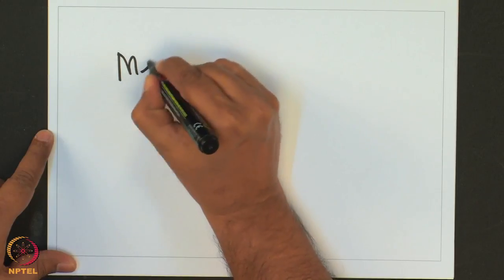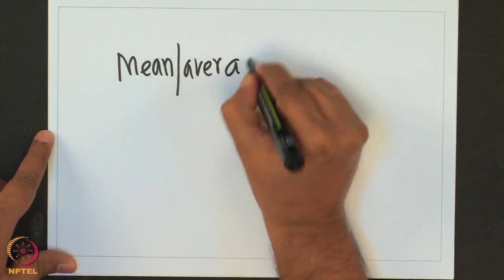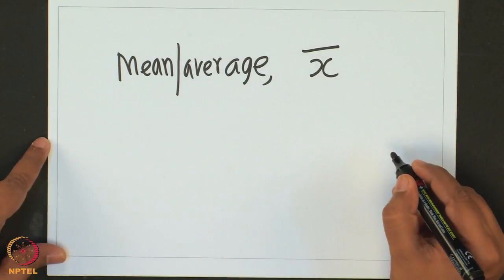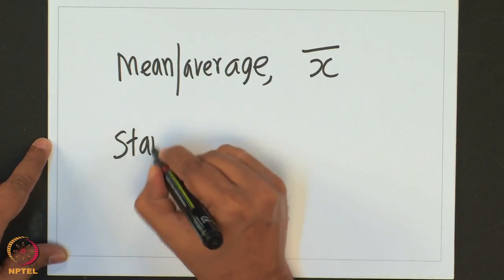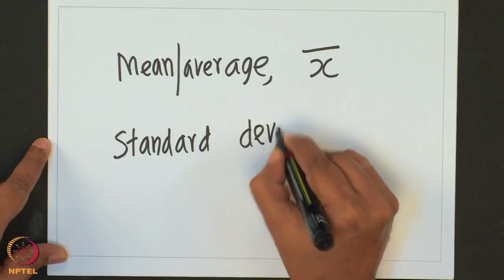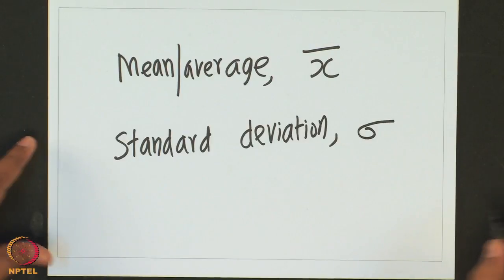So, let us think of two quantities. The first quantity is mean or average, which is denoted by x bar, and if from any experiment we would also measure standard deviation, which is denoted by sigma.